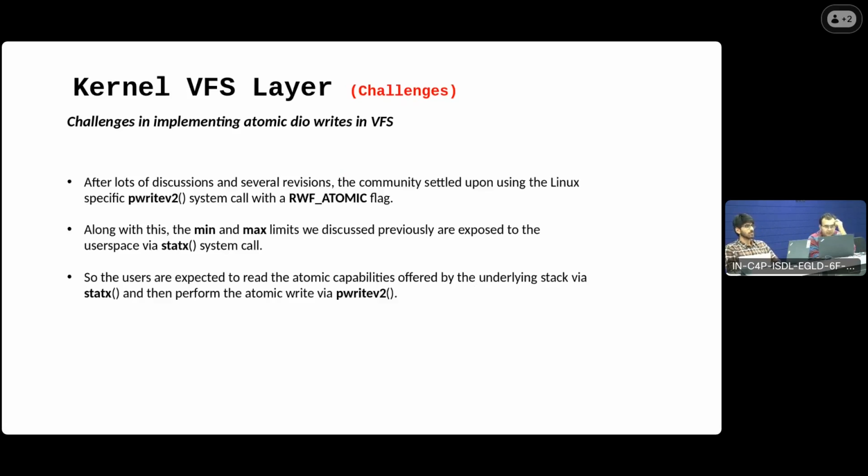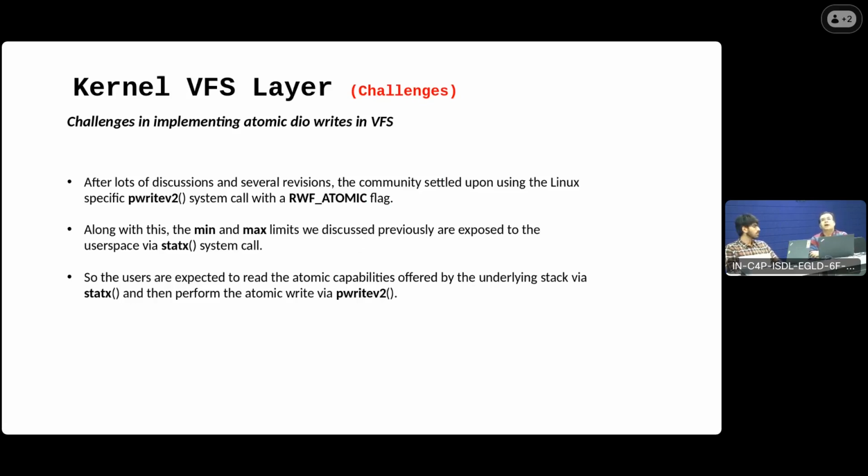What I think the community has discussed and come up with is that the pwritev2 system call can be used. pwritev2 also supports a flag in the system call. That means we can have an RWF_ATOMIC flag defined, and it becomes a property of a per-write call, so we can define whether this write is an atomic write or not using this flag.